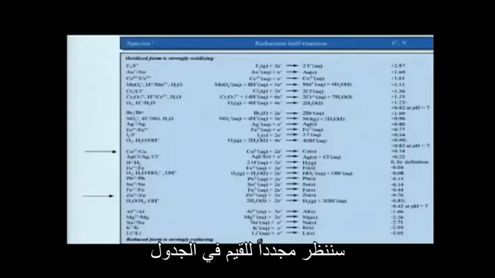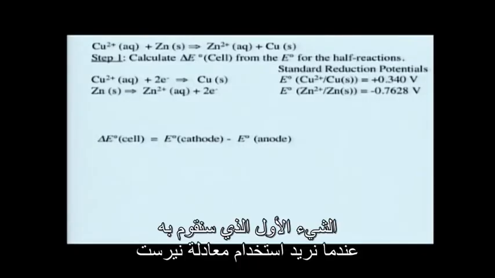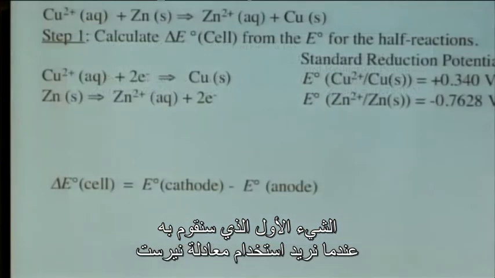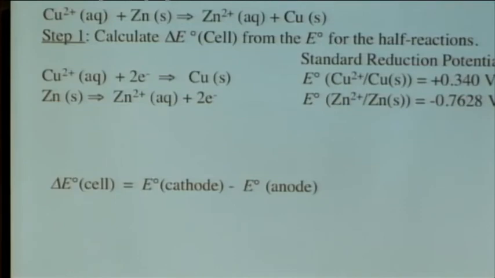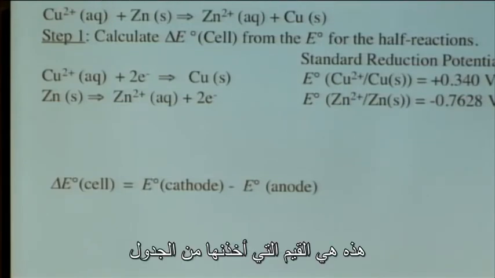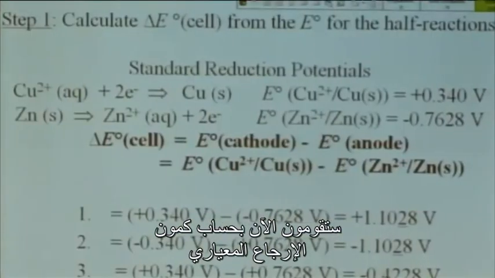We can look up our values in the table, and the first thing we're going to do, if we're going to use the Nernst equation, is to calculate the standard potential for that particular cell. Here are the values from the table. Why don't you go ahead and calculate that for me?